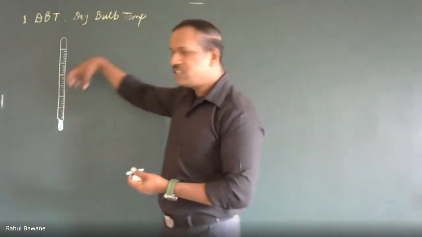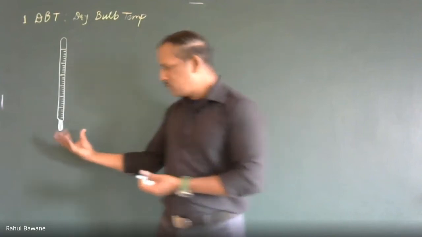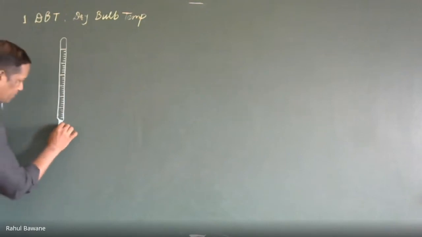Now suppose I am using such a thermometer to measure the atmospheric air temperature. So if I keep it as it is, this bulb of the thermometer, this is actually called a bulb.